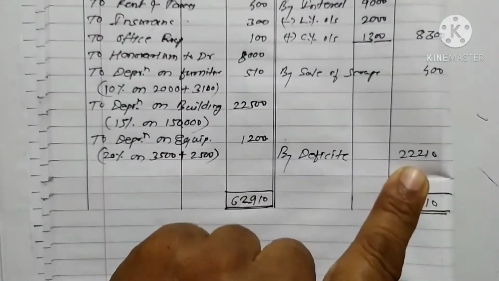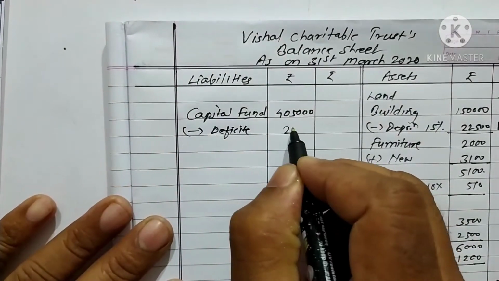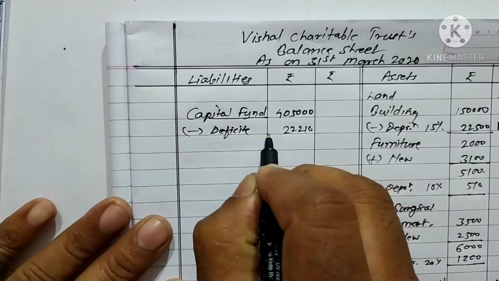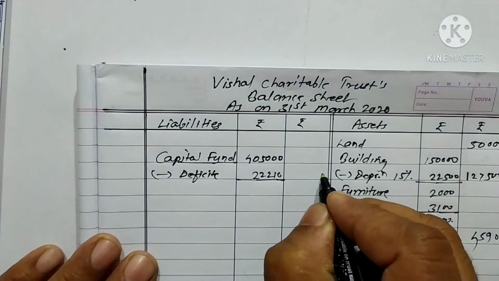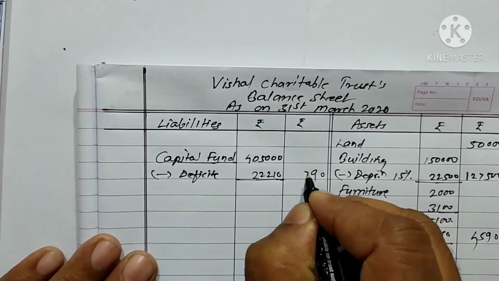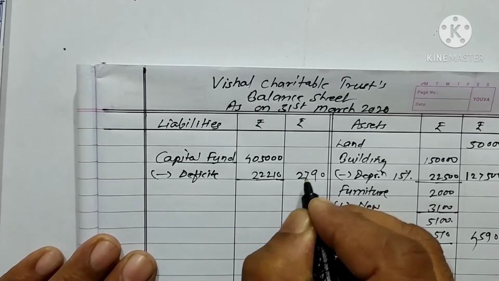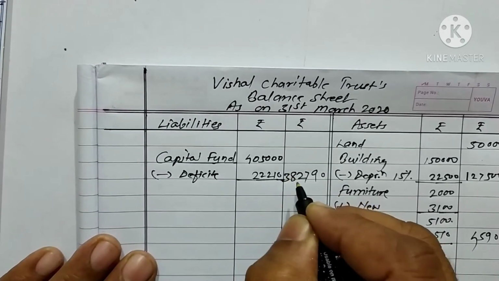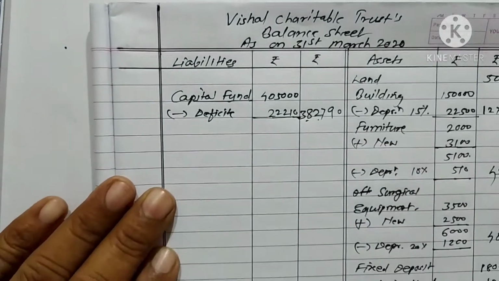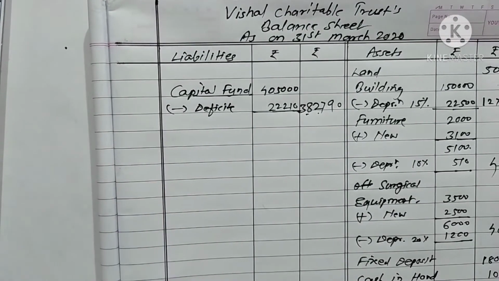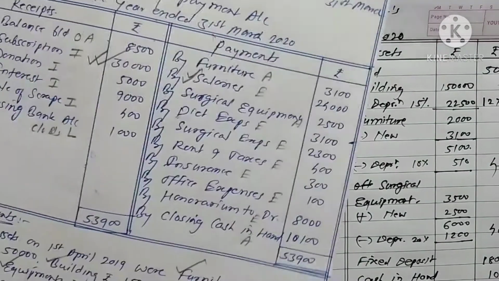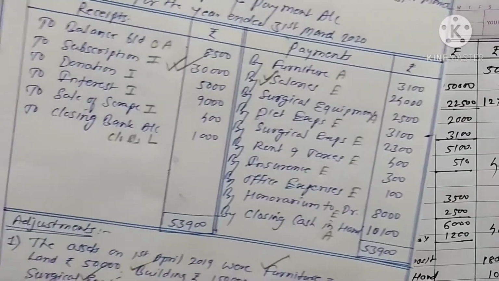Deficit rupees 22,210. We deduct the items. Three lakhs 82,790. 3,82,790.